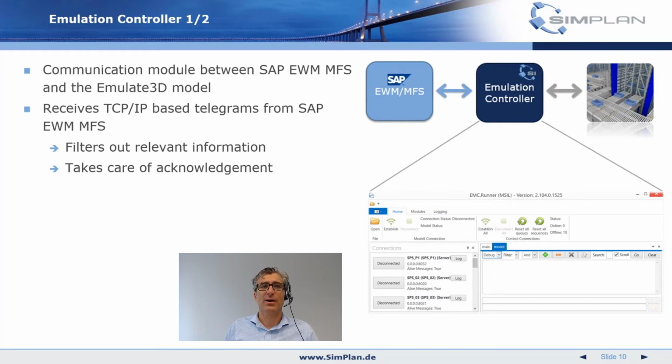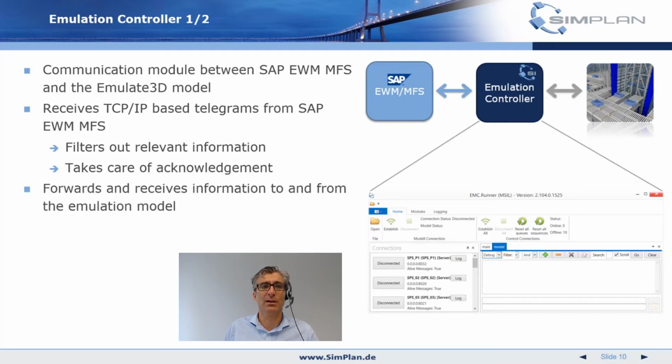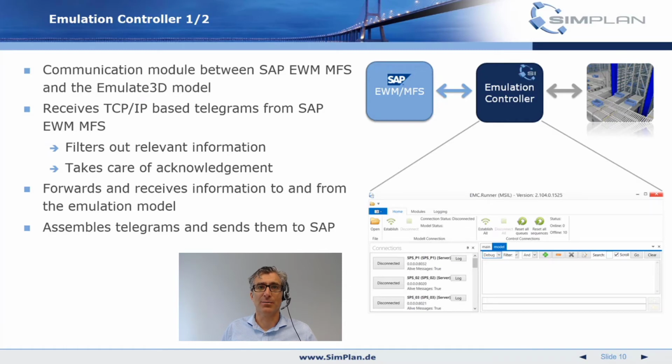It receives the telegrams, filters out the relevant information for the emulation, does acknowledgement, for example, and forwards the information to the emulation model, like a drive order for a pallet. When it receives feedback from the emulation model, it also assembles telegrams and sends them back as an answer to the material flow controller, for example, to notify EWM that a pallet arrived at a certain station.